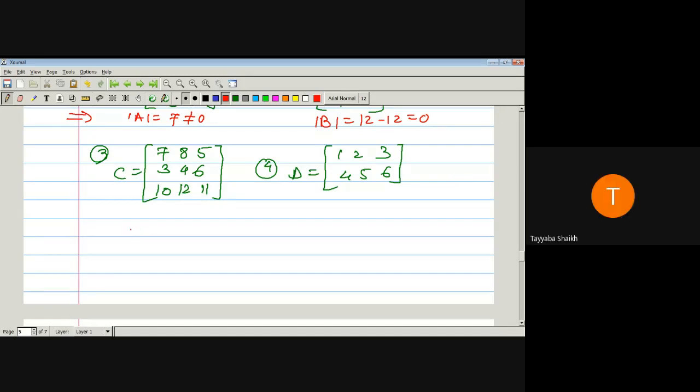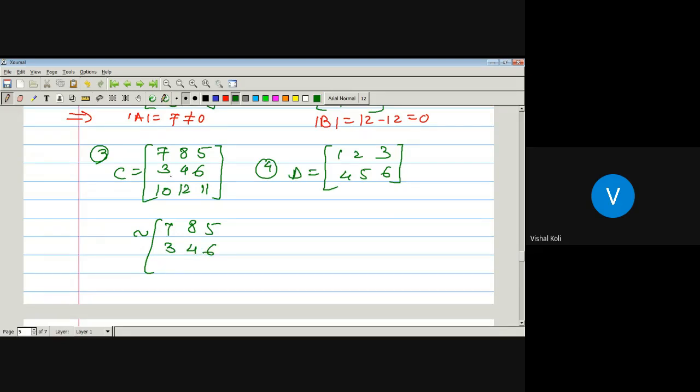Let us find the determinant of C. Either we use the definition directly, or we can use this method. The first row is 7, 8, 5 and the second row is 3, 4, 6.